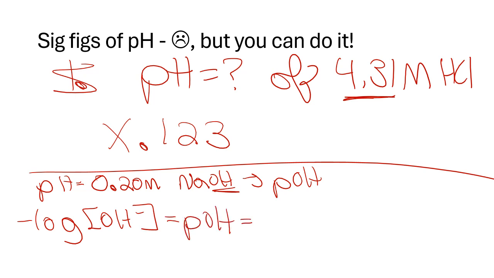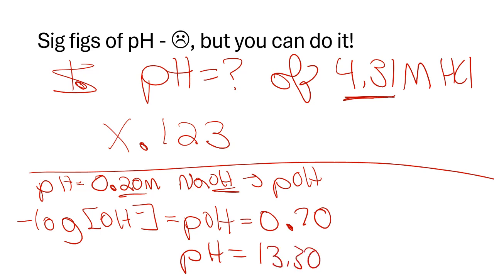And I get 0.698. So it's going to be 2 sig figs here after the decimal, 0.70, and therefore the pH is going to be 13.30, because pH plus pOH is 14.